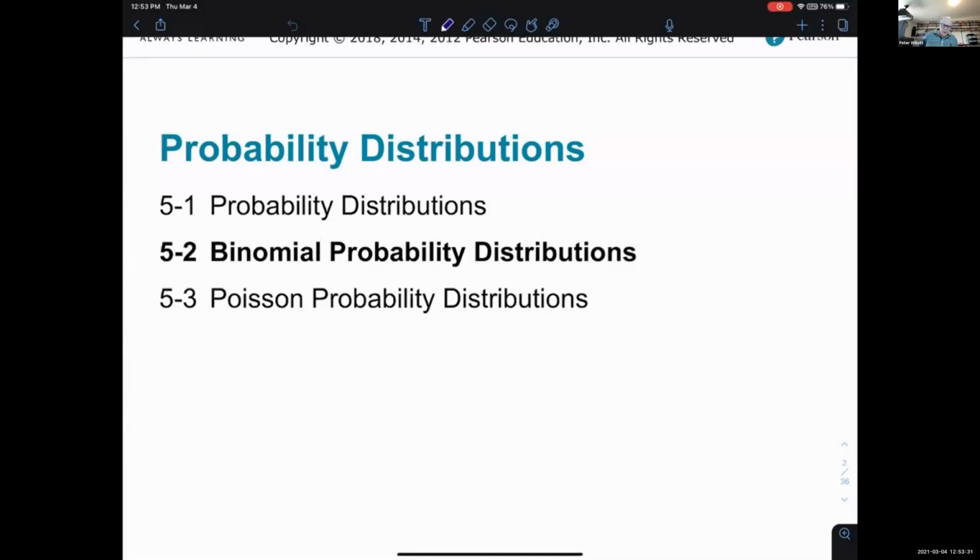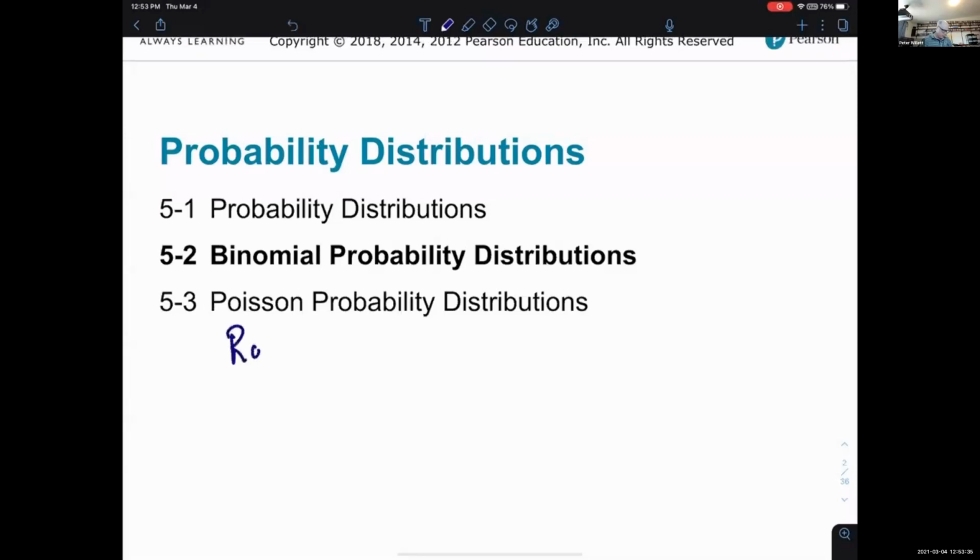In a probability distribution, we have a random variable x, which must have some numerical value. And then for each value output of x, we have a probability of x.